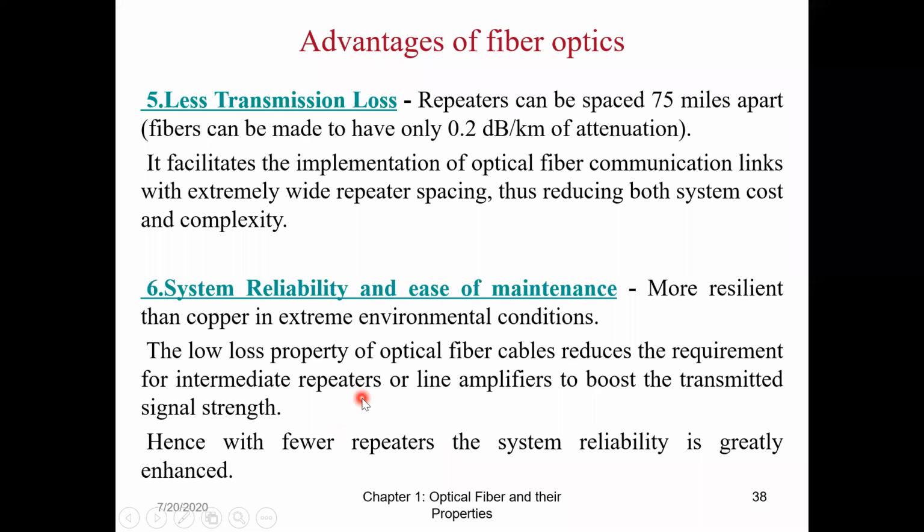Now once I have less repeaters, less amplifiers, obviously the maintenance part will be reduced. So with fewer repeaters, the system reliability is greatly enhanced, and obviously my maintenance becomes easy. So these are your point number 5 and 6.